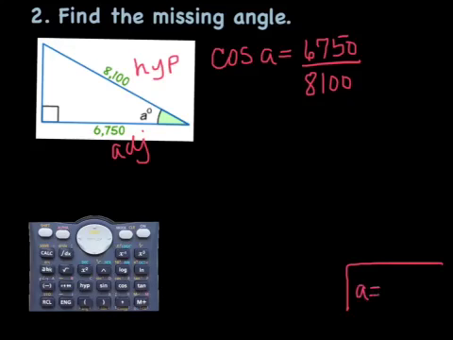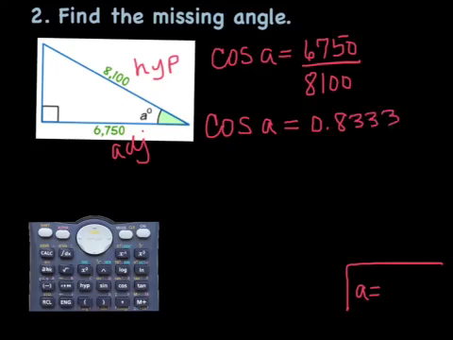Do you remember the step that I need to do next? Are you thinking of dividing? Cosine A equals. Now we take our calculator and we go ahead and divide 6750 by 8100, and that gives me 0.8333.